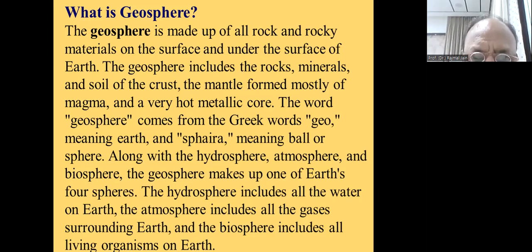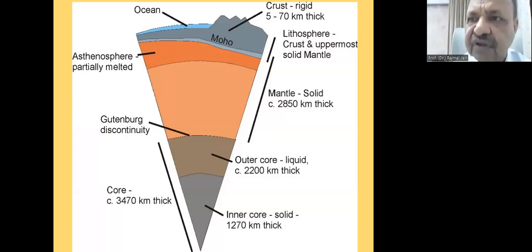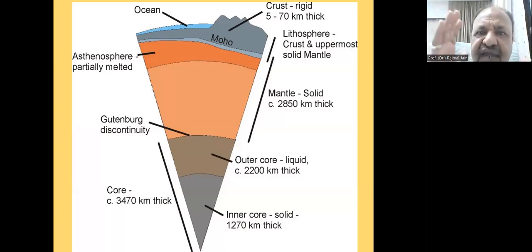I would first like to define what I mean by the crust, mantle, and core. Dear friends, you can take in hand a big melon, spherical in shape, and cut it from the top all the way to the center.